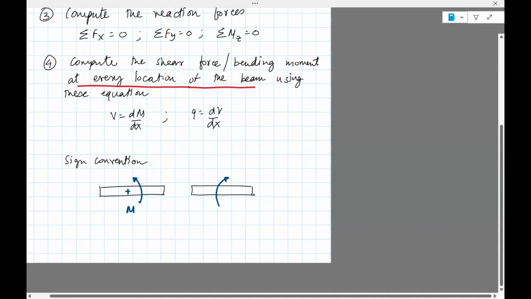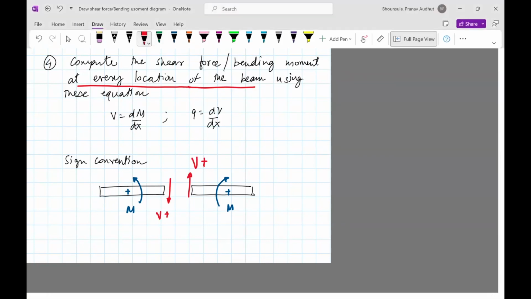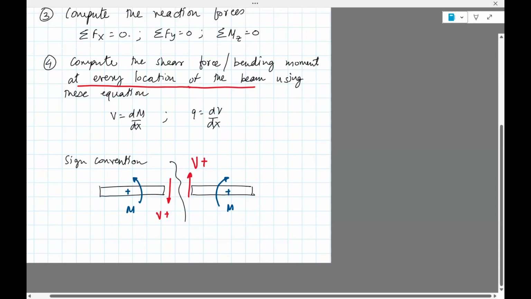On the right section, clockwise is positive. For the shear force, on the left side of the beam, V downwards is positive, and on the right side, V upwards is positive. So this, by the way, is where I have cut the beam.